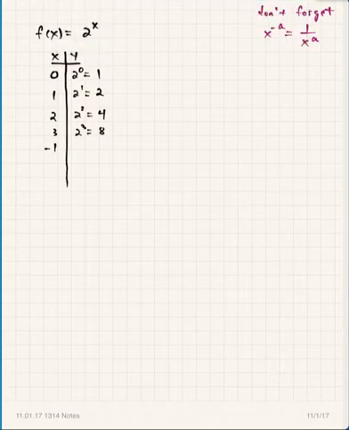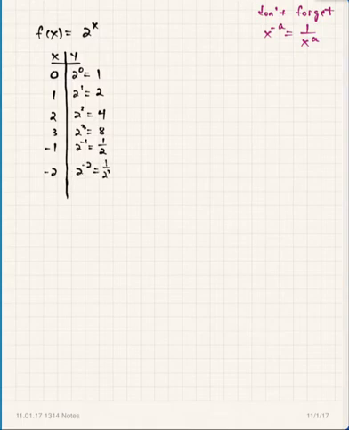So if I use x equals -1, that would be 2 to the -1, which would be 1 over 2. Remember, it doesn't make it negative. It takes it and turns it into a fraction. If x is -2, you have 2 to the -2, which would be 1 over 2 to the +2, or 1 over 4. And you can see how this is going to work. When x is -3, you get 2 to the -3. That's going to give you 1 over 2 to the third, or 1 over 8, and so on. So you get 1/8 when x is -3.